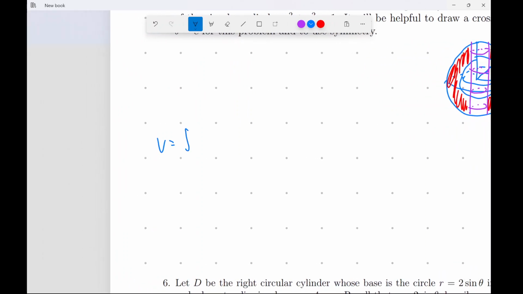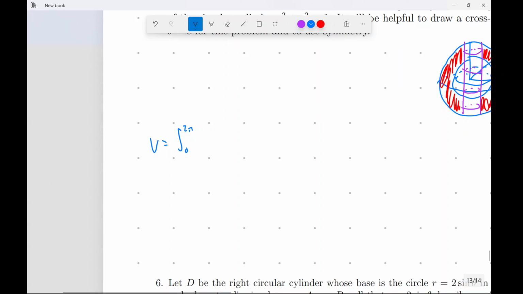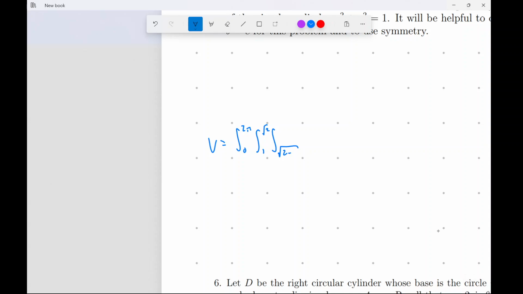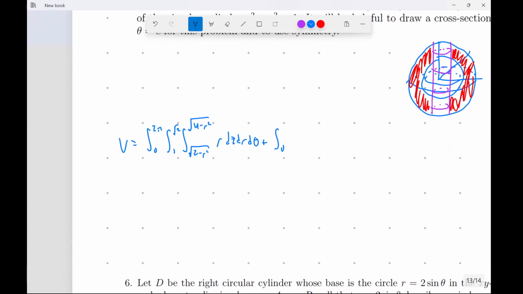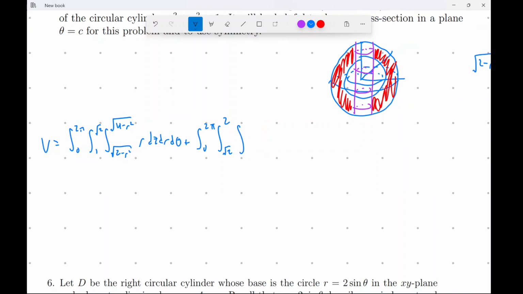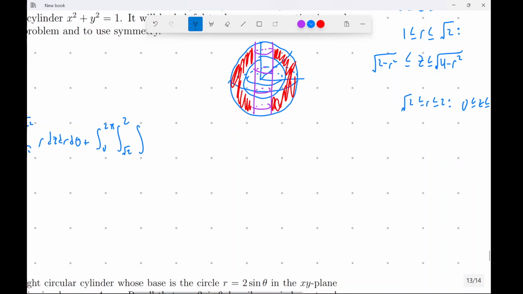The volume, first we'll do the theta one, which is easy. And then we have to do R. And then we'll do Z, which is root 2 minus R squared to root 4 minus R squared, R dz dr d theta, plus, and then the exact same thing, but this should be 2, the innermost integral, no, yes, that is right.